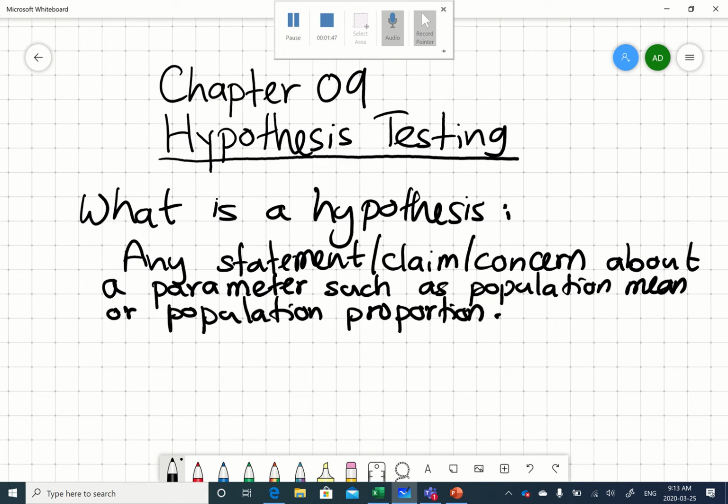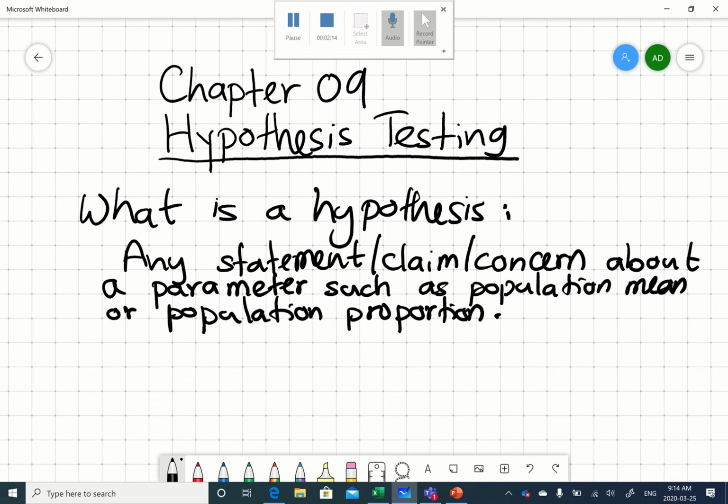The reason we call it a hypothesis is because we don't know if it's actually true. If it's a statement about the population mean, we don't know if it's true because usually the population mean is unknown, right? To actually test that statement, we may have to reach out to the entire population and get the information, and we usually cannot do that.